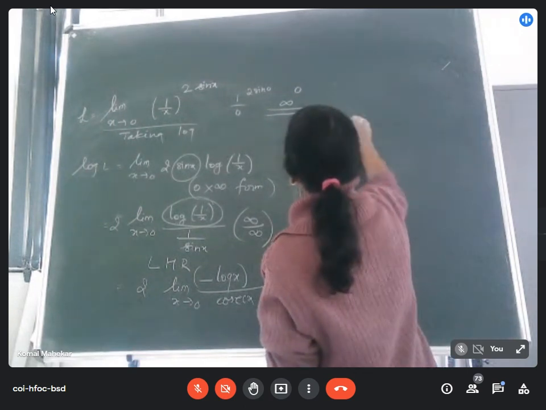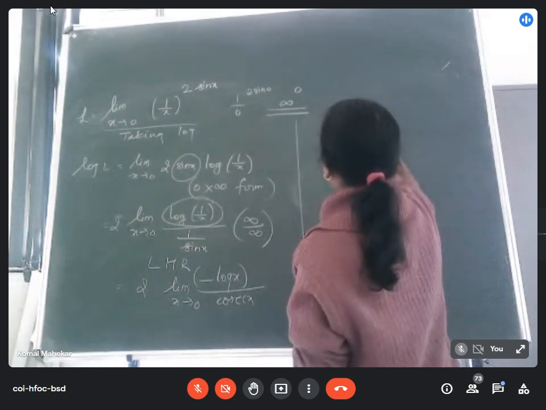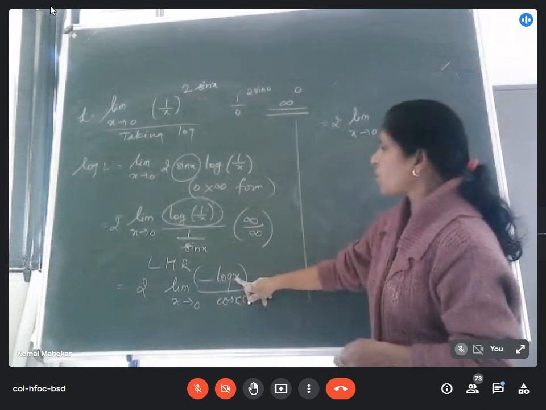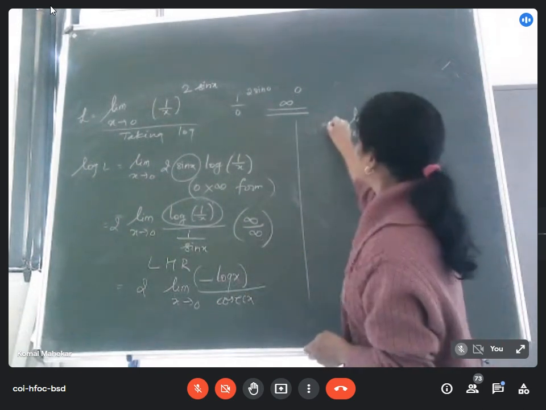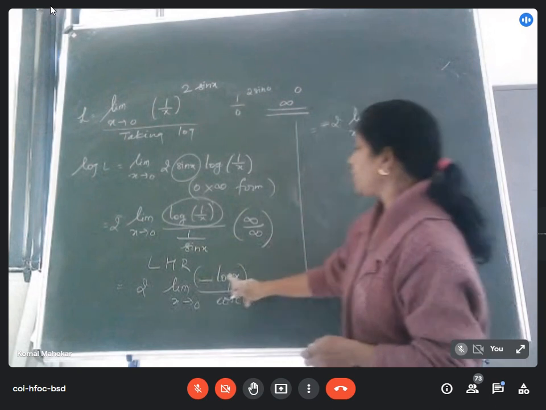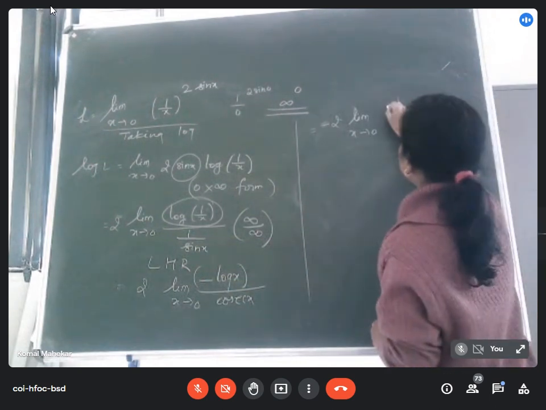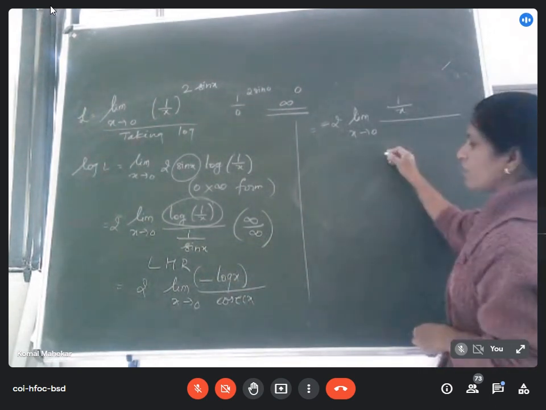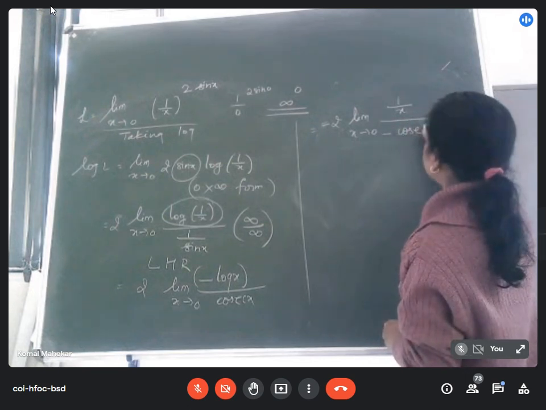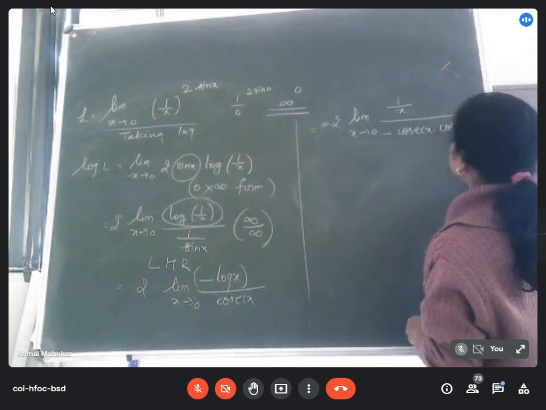See here. This is 2 into limit x tends to 0 of derivative of this log x function. Constant is minus 2, minus sign here. Minus 2 into log of x, its derivative 1 by x. Derivative of cosec x is minus cosec x into cot x.